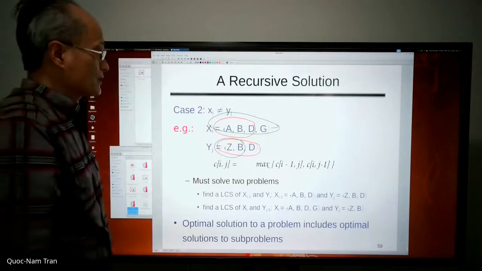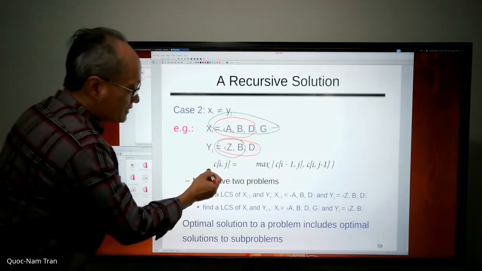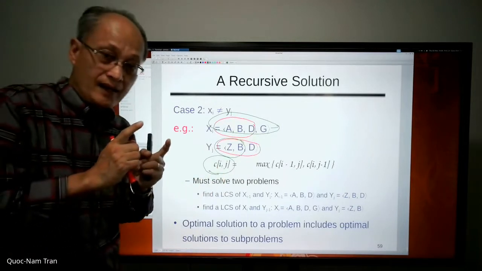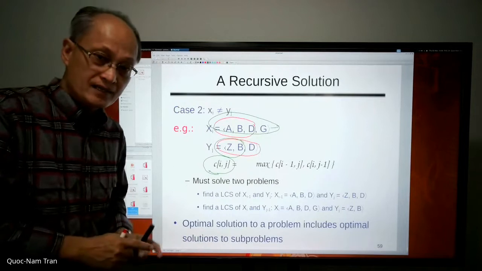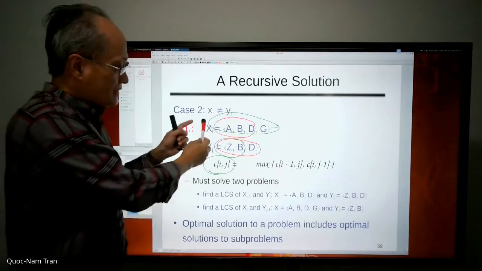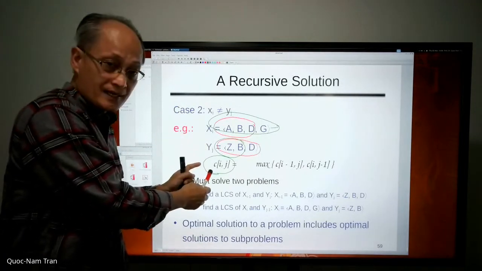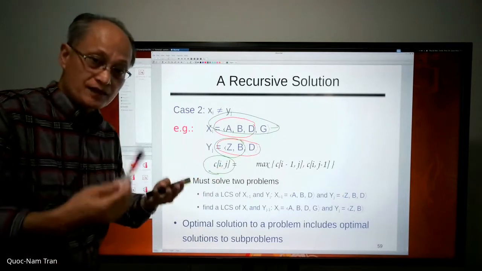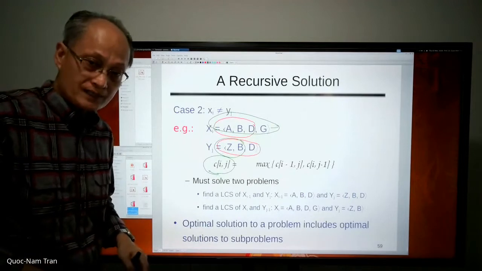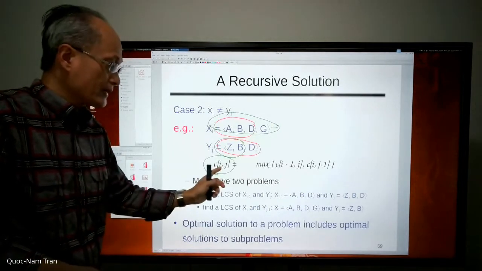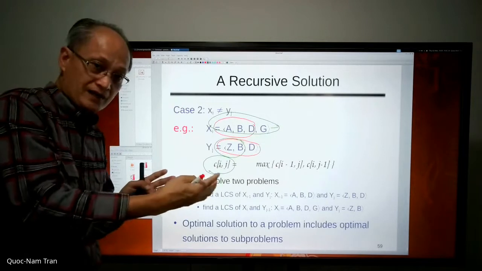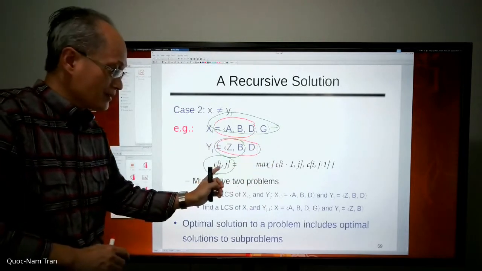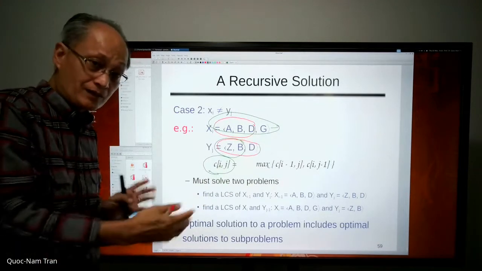So in other words, if we call Cij the length of the longest subsequence of xi and yj, then this Cij is just a function for calculating the cost, right? And you can see that we can store the cost values in a two-dimensional array, right? That's why we choose the two-dimensional array like that.